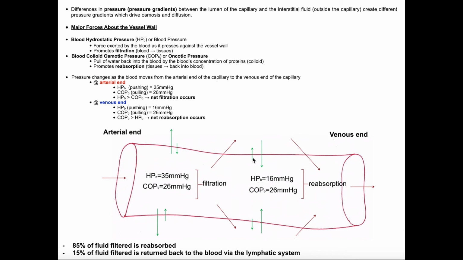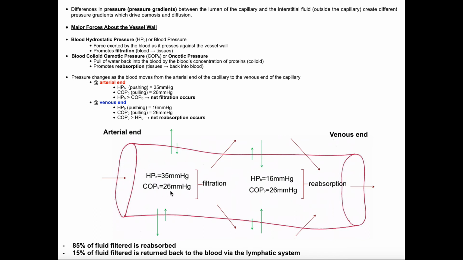And it would tend to force fluid from the blood into the interstitial area. But again, if we look at the relative sizes of these numbers, we see that the colloid osmotic pressure is stronger on the venous end. And so, because this is stronger, we're going to actually have a net movement of fluid from the interstitial area back into the capillary. Okay?